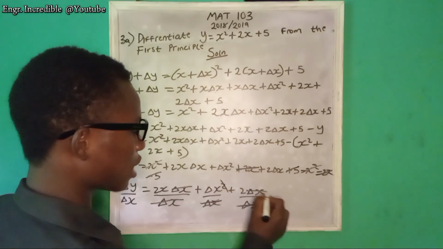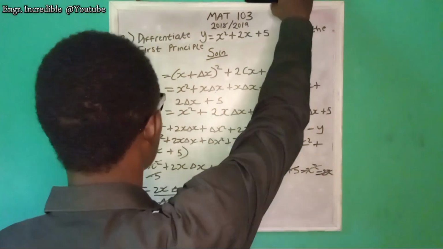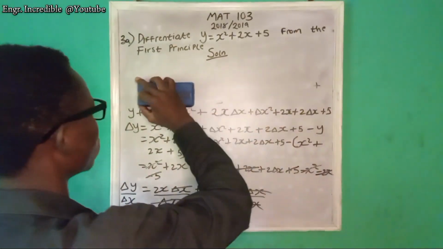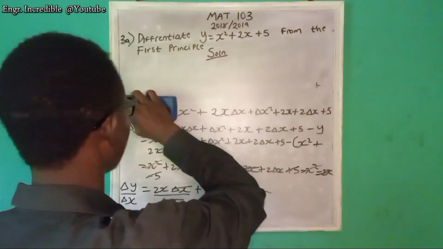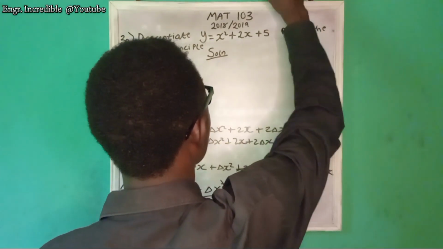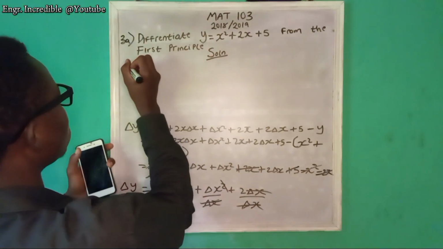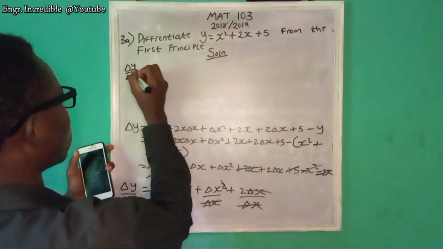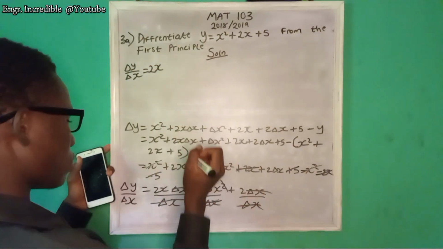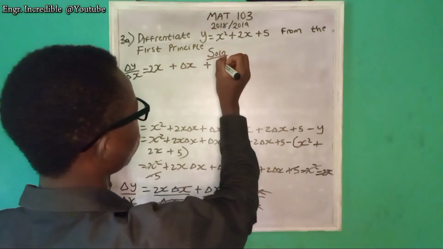And delta x here cancels delta x here, leaving 2. So now, whatever we got from this is delta y over delta x is equals to 2x plus delta x, then plus 2.